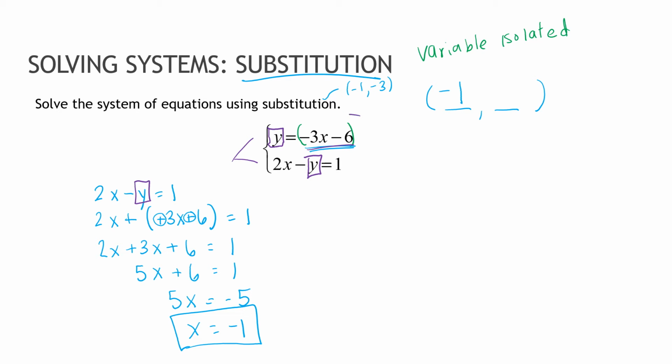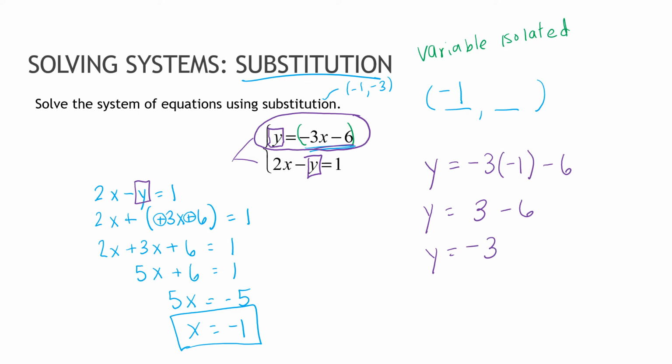And what I find is whichever one I used for substitution is usually the easier one. So y equals negative 3 times, instead of x, negative 1, minus 6. Negative 3 times negative 1 is positive 3. 3 minus 6 is negative 3. So my solution, and I would always write it as an ordered pair, is negative 1 comma negative 3.